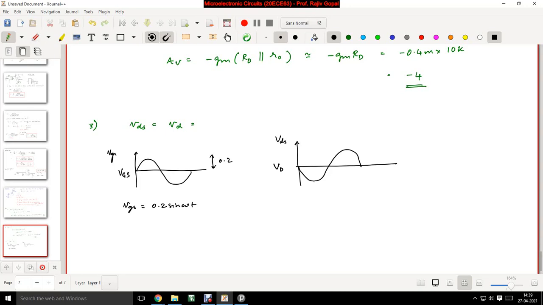This is capital VDS, and this value will be gm RD into this value 0.2. So vd here is just gm RD into 0.2, which is 0.8.